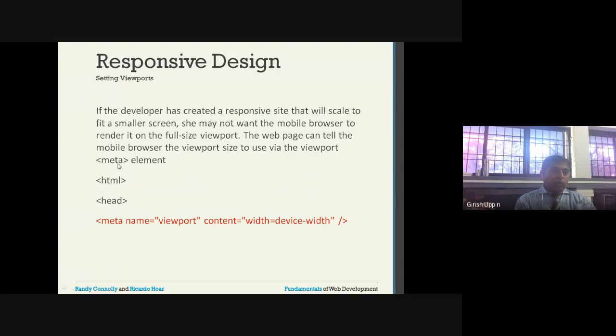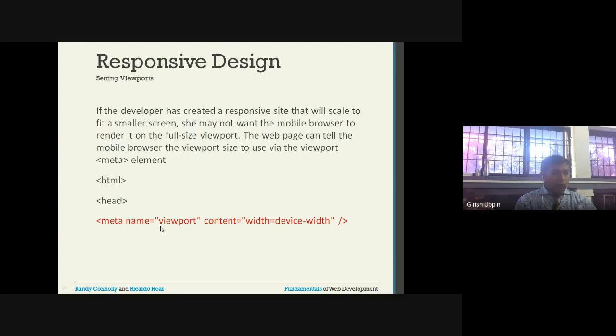Where do we specify the meta element? We already know, in the header section. So this is HTML. Inside the HTML, I have a header section and a body section. In the header section, I can specify the meta element. How to specify that? Opening angle bracket, meta, this is the keyword you are going to use. Name is equal to viewport.